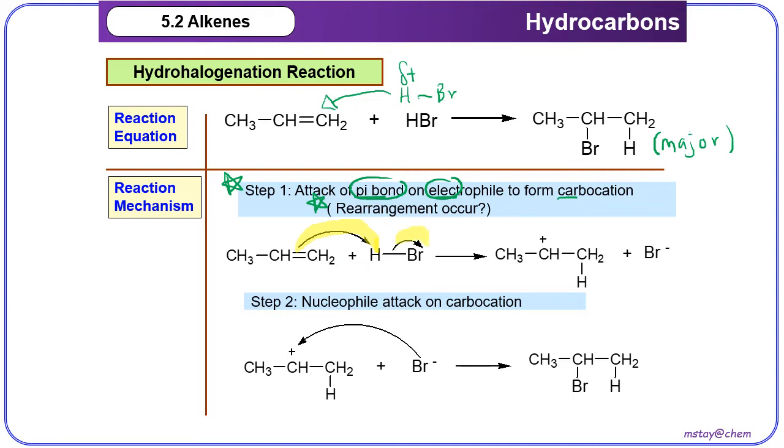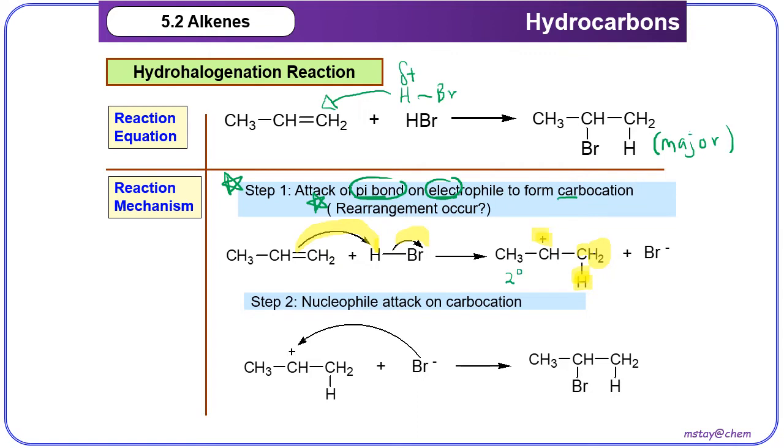Then the bond between hydrogen and Br will break down and both electrons will be gained by the bromine. Once the carbon double bond breaks, it forms a new single bond, with the hydrogen electrophile attached to the carbon with more hydrogen. Here I have 2 hydrogens. However, the carbon with less hydrogen will become the carbocation. Now we need to classify this carbocation. This carbocation is secondary.